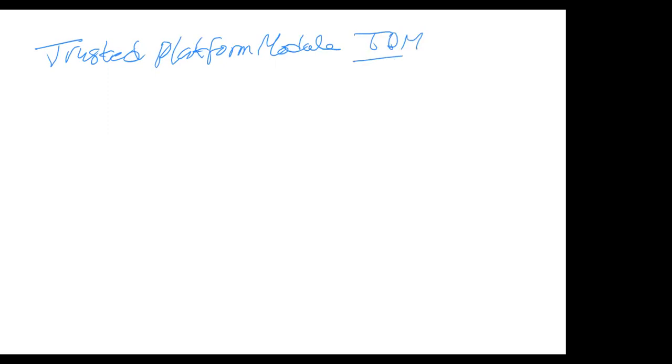The third component is called the trusted platform module. In some situations, gentlemen, the people who are working in operations usually say TPM, HSM, and we don't know; no one says hardware security module.